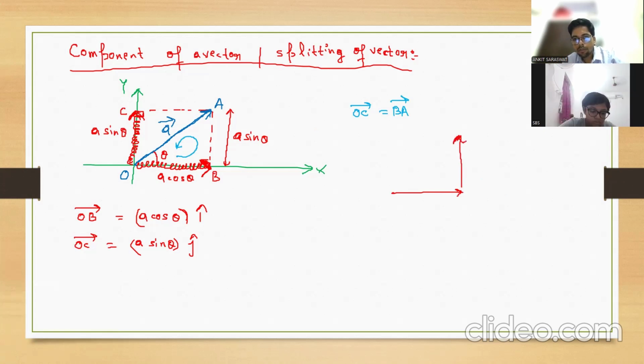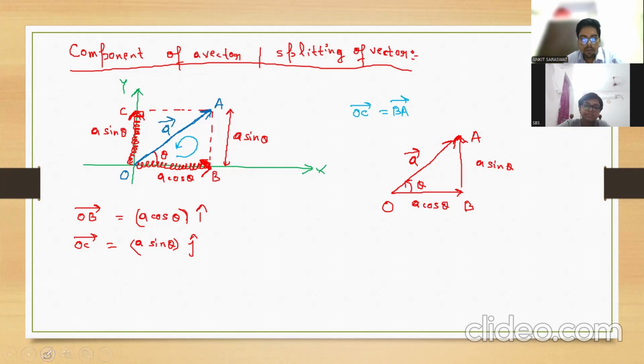If I draw, this is BA vector, this is OB vector. And this OA, just join. If you look at what I have drawn, this is a triangle. This is A vector. This is A sin theta. And this is theta. Like this. This is A cos theta.